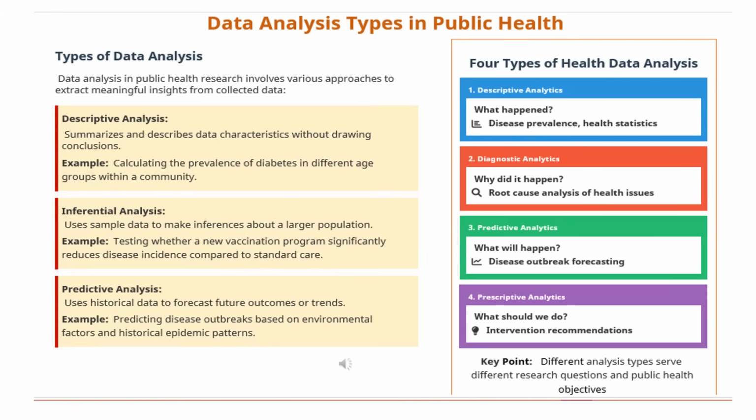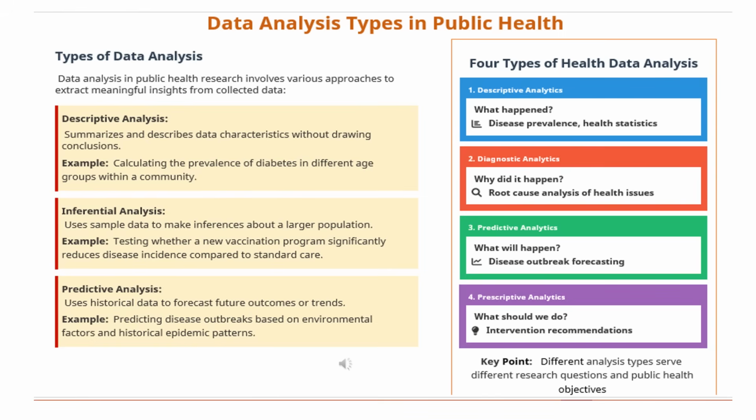Then third, we have predictive analytics. This focuses on what will happen. And this uses historical data to forecast future outcomes or trends. A public health example would be predicting disease outbreak based on environmental factors and historical epidemic patterns.